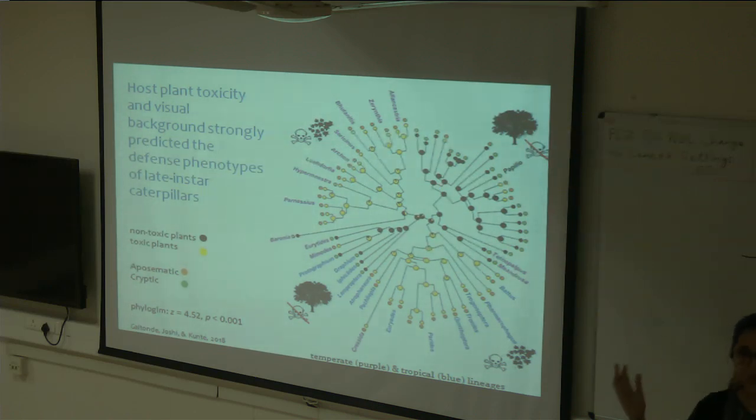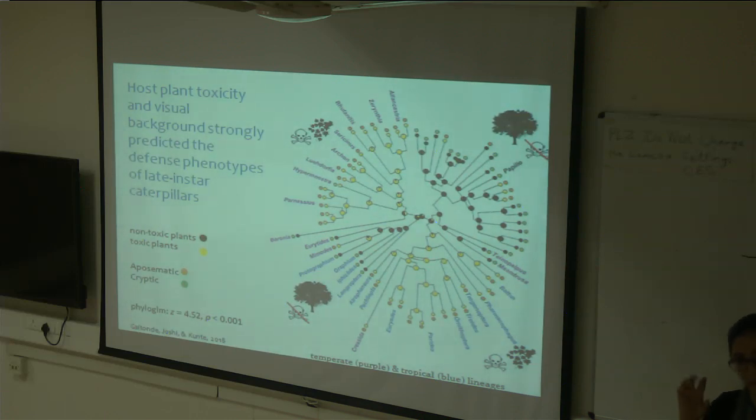This is looking at the entire clade of Papilionidae butterflies, one family of butterflies, where all pupae showed cryptic, and early and late stages showed very different color defense strategies. Within that, in the smaller ones, all three were used. When you become a larger caterpillar, you had only cryptic and aposematic; masquerading wasn't there.